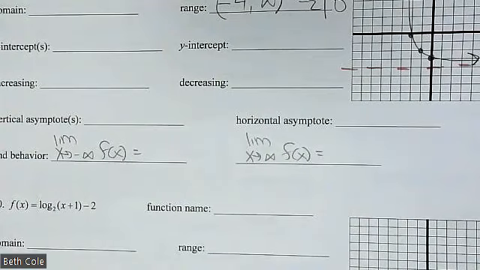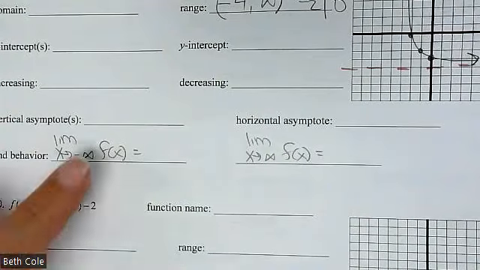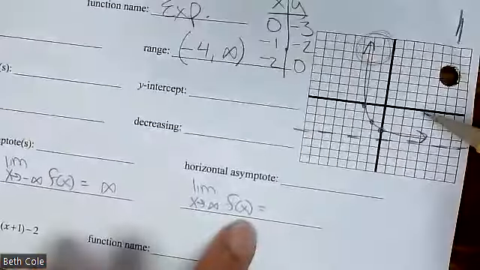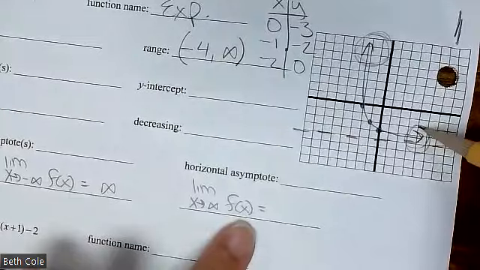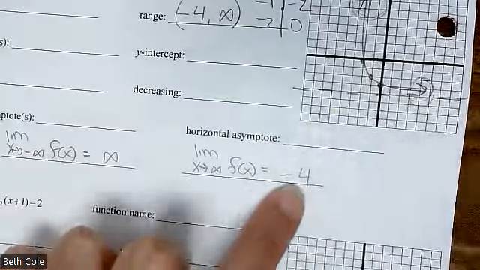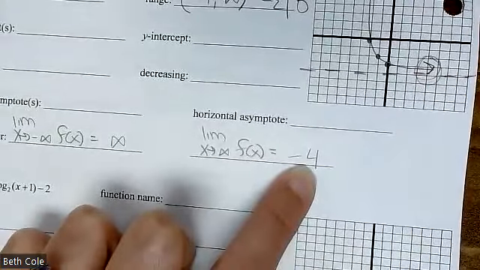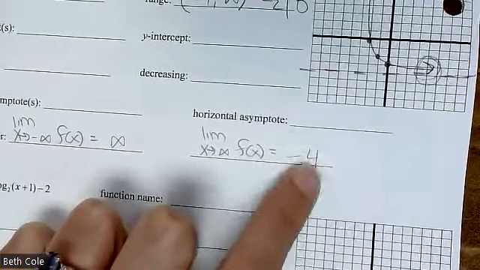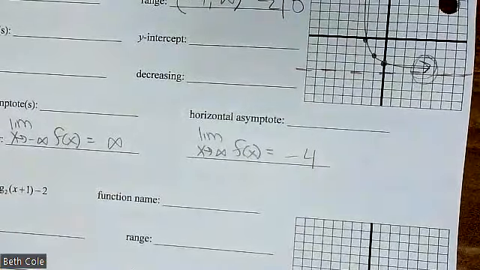So get on board. So where does this left arrow point? Up. So good, positive infinity. Where does this one point? To negative 4. It won't ever actually get there, but it's behavior. It's just where it's headed. It's leveling off at negative 4. So when you have an asymptote, it's going to be a number.